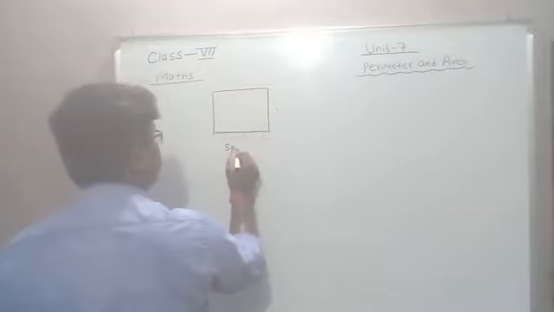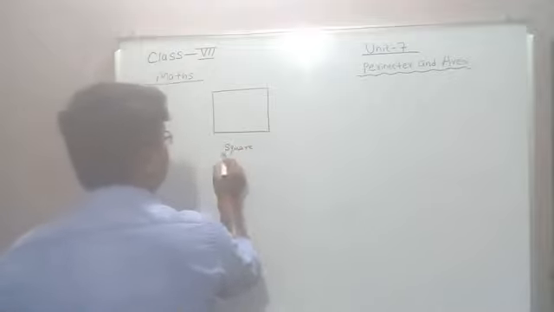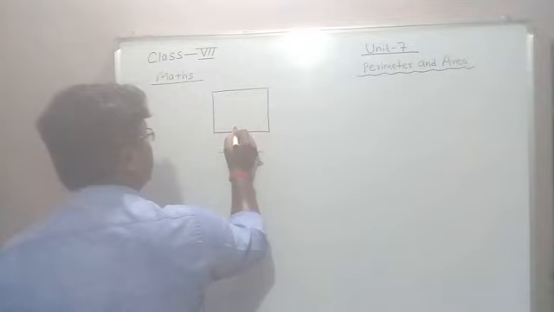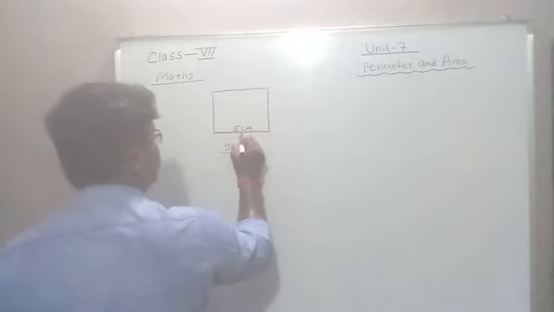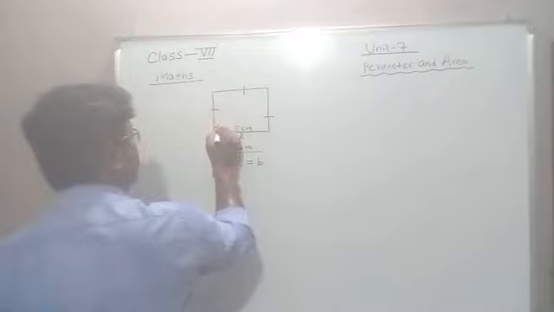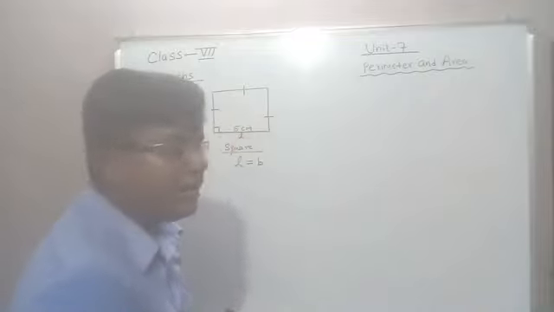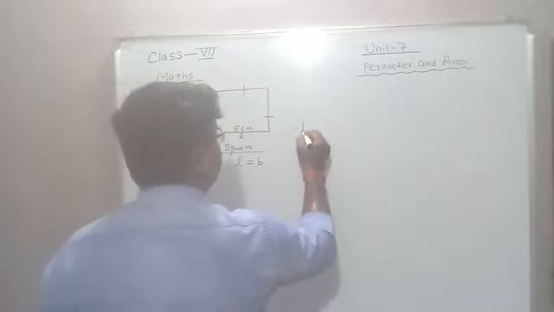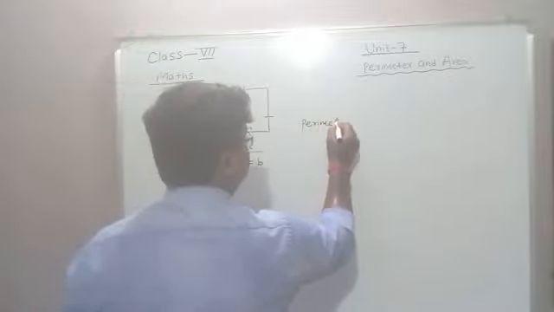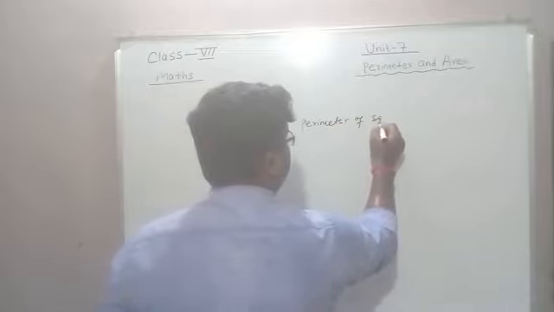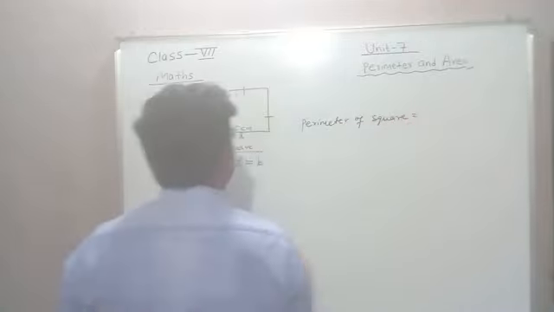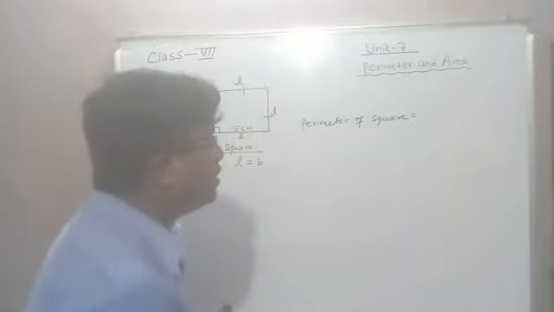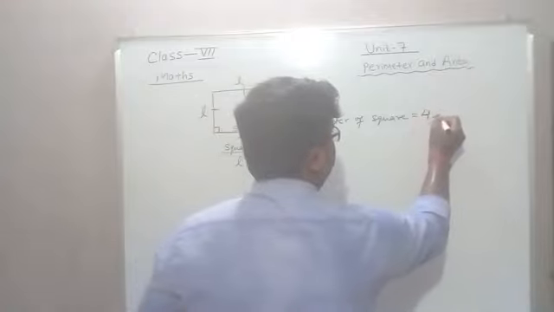Suppose this is your square. In a square, length is equal to breadth. Suppose this is 5 centimeter, this is your length, meaning all sides must be equal in a square, and each angle is 90 degrees. For the perimeter of a square, if this is your length, this is also your length, and this too, all sides are equal, so how many lengths are here? 4L.